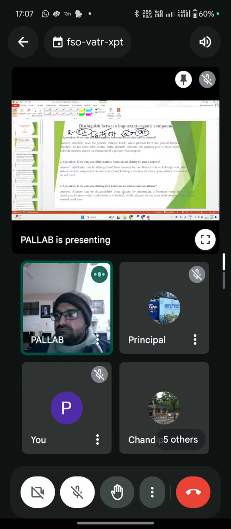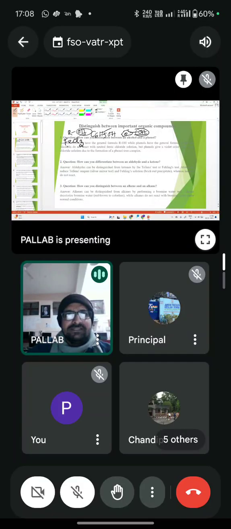So alcohol contains an OH group, and phenol also contains an OH group. And what is the reaction which will separate alcohol and phenol from each other? There is a reagent known as ferric chloride, formula FeCl3.